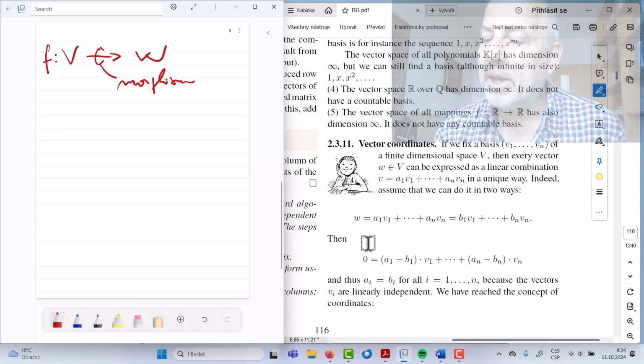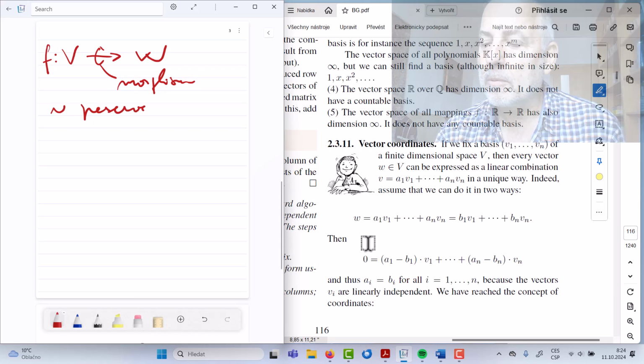So it will be mappings between the vector spaces which preserve linear combinations.